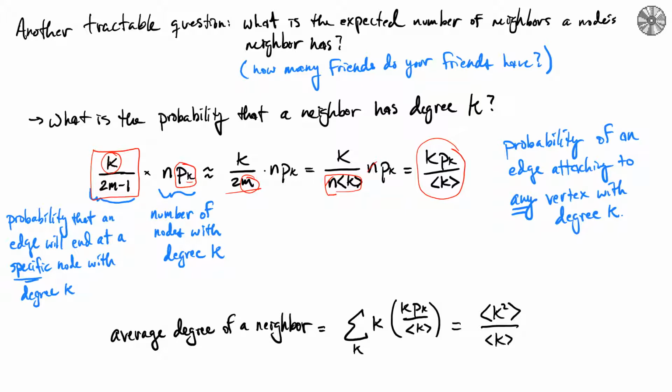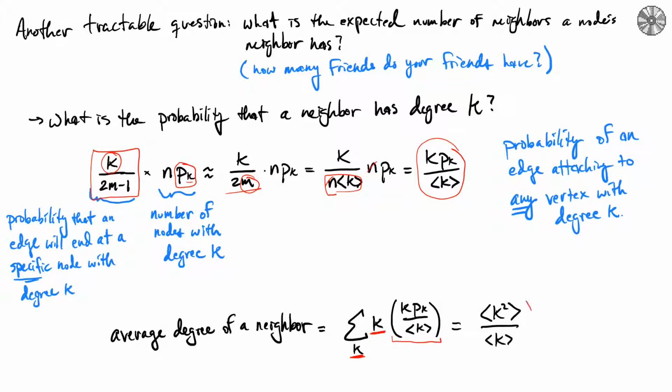So then the average degree of a neighbor is, we sum over all possible degrees, the degree of the node, so how many neighbors, times the probability that a neighbor has degree k.